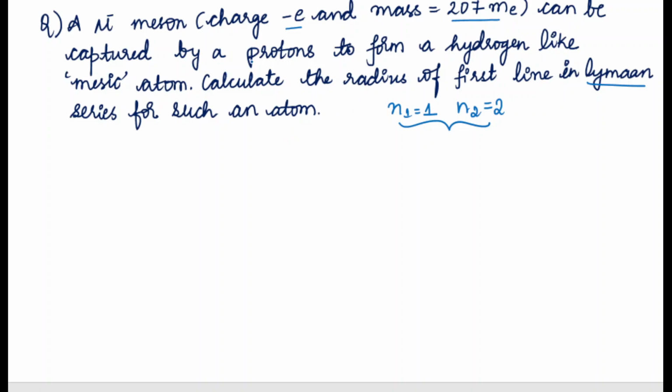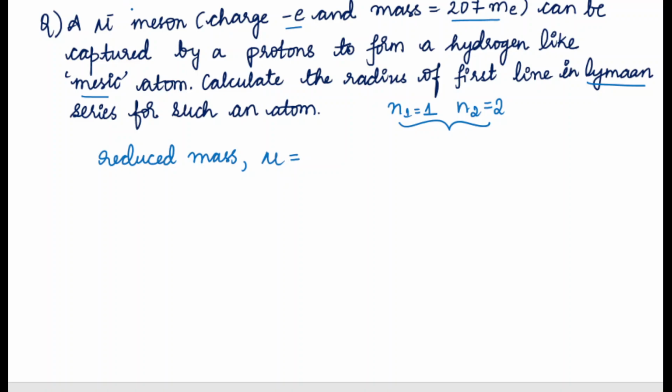Now it can be captured by a proton to form a hydrogen-like mesic atom. Now you need to calculate the reduced mass for this, right? Before going to the question, what is the reduced mass? The reduced mass is nothing but mu.